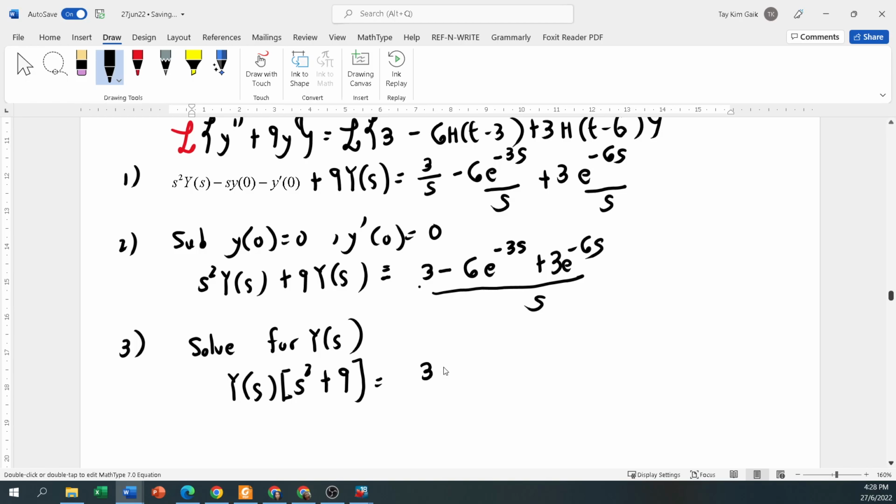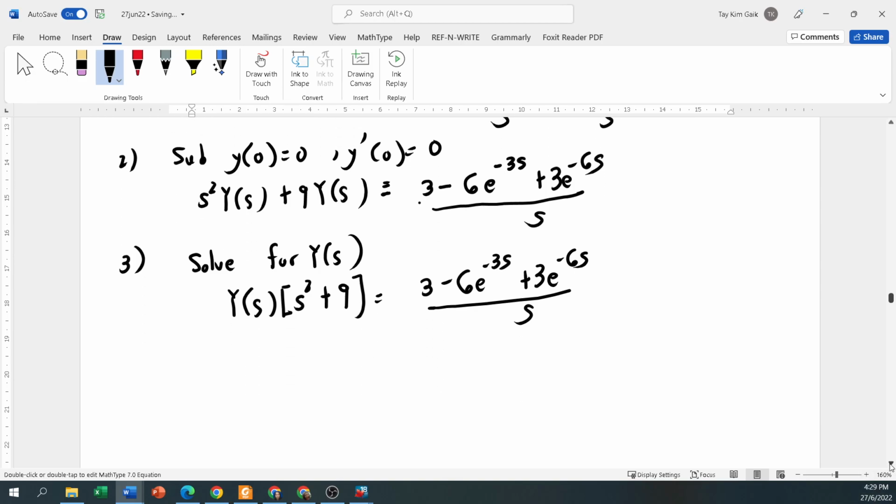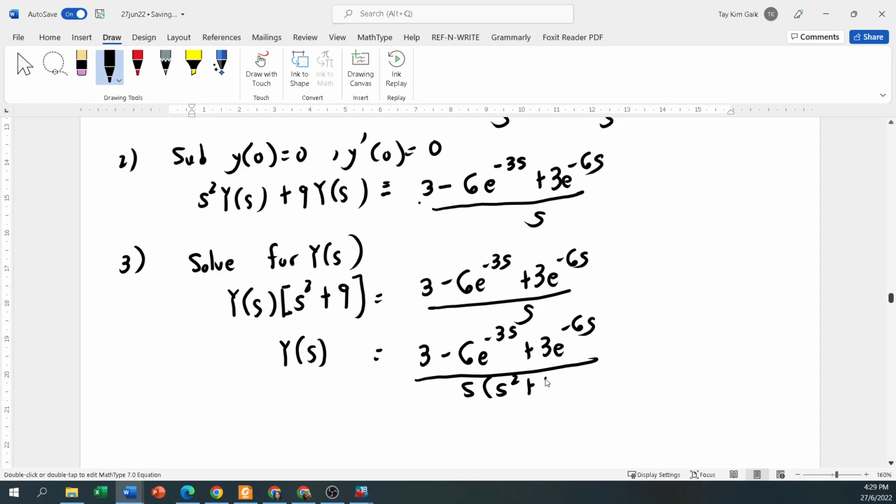So equal to 3 minus 6 exponent negative 3s plus 3 exponent negative 6s over s. Bring the s squared plus 9 to the right hand side. So Y(s) is 3 minus 6 exponent negative 3s plus 3 exponent negative 6s, over s squared plus 9.